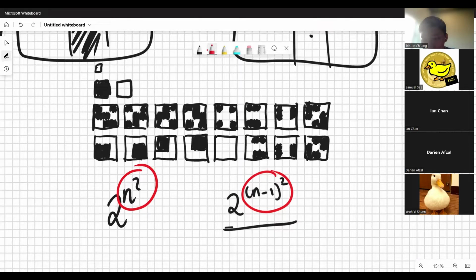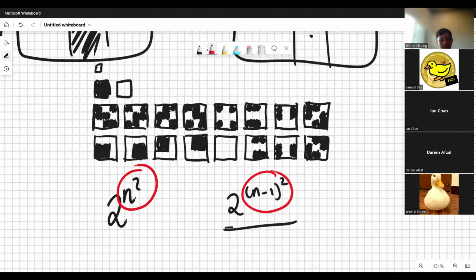I'm not really sure what you are saying. A smaller, well, what's a smaller square and what's an outer layer? Okay. So you mean, all right.